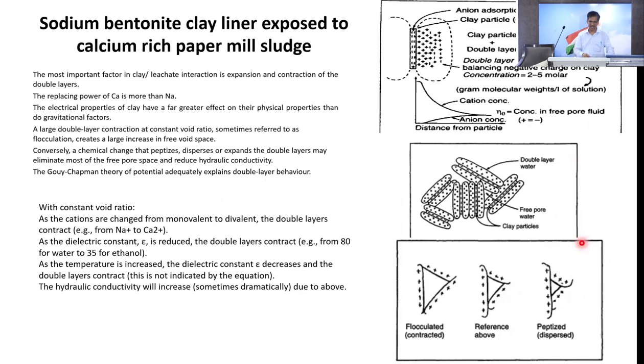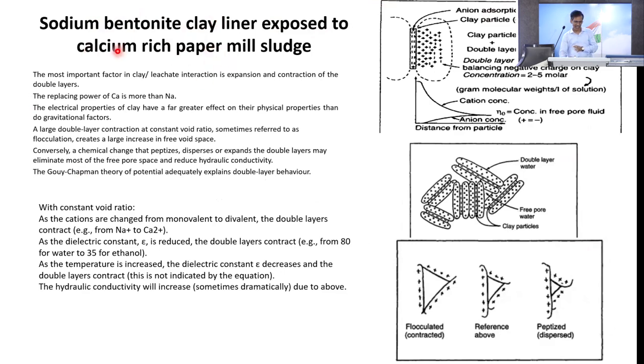And here is another one, talking about a sodium bentonite clay liner exposed to calcium-rich paper mill sludge. What do we do with bentonite clay? We use it as a liner. Now composite clay liners are coming, putting the bentonite inside and providing geosynthetics or geotextiles outside.